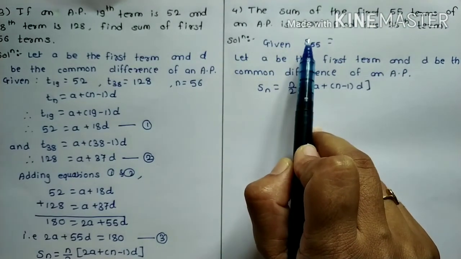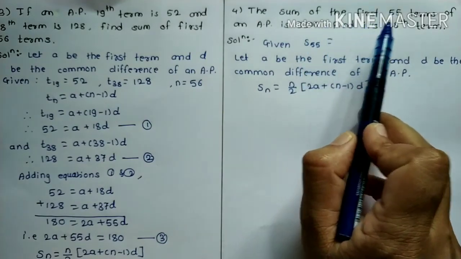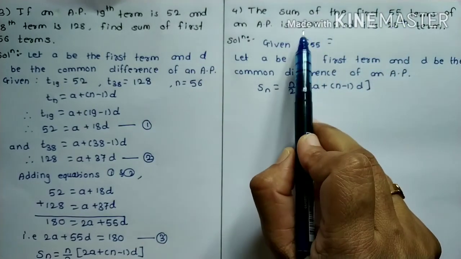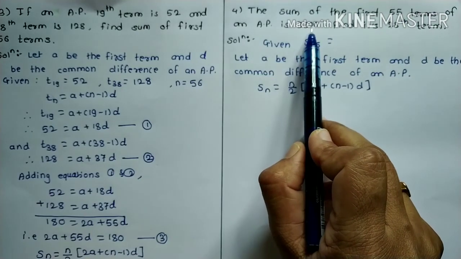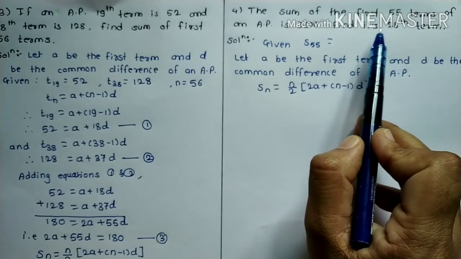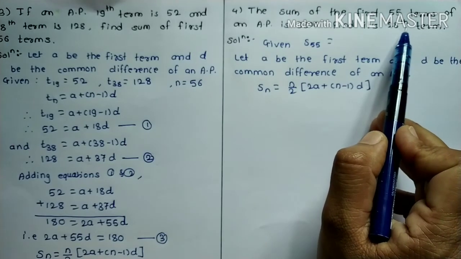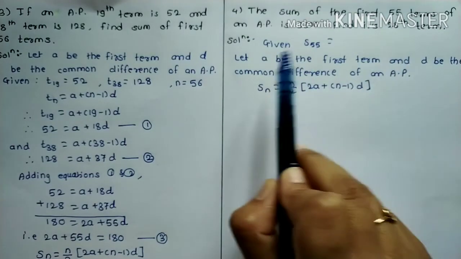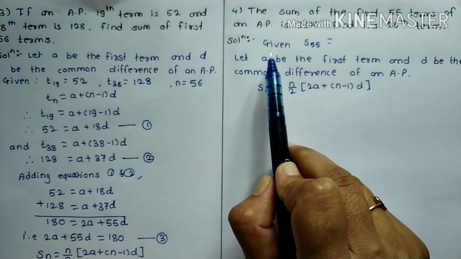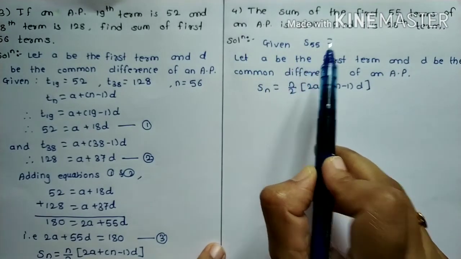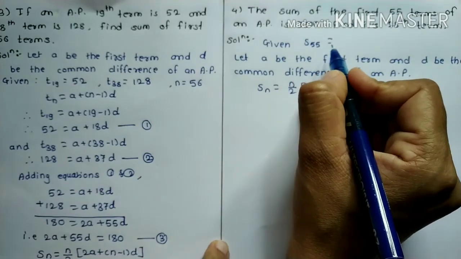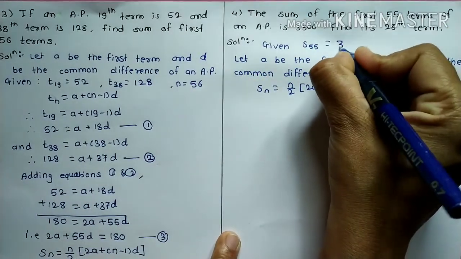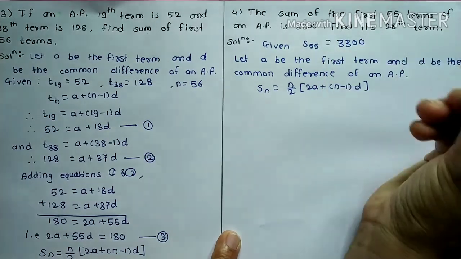In this example, we are given the sum of the first 55 terms, that is 3300, and we have to find its 28th term. That means we have to find T28. Let's see the solution. First write down the given terms: S55, that is the sum of the first 55 terms, is 3300.